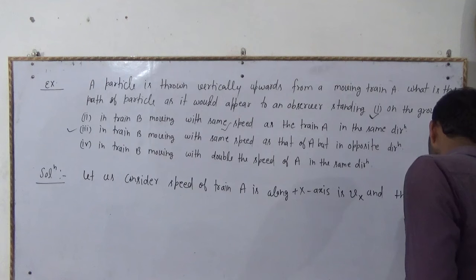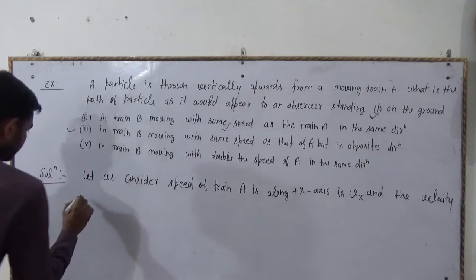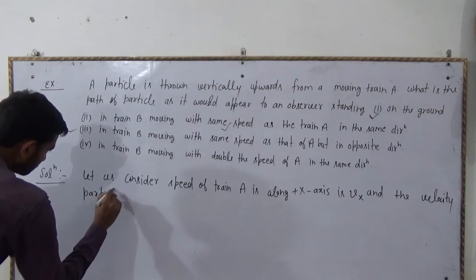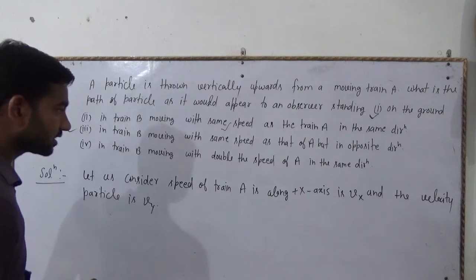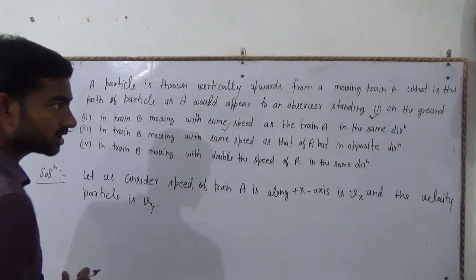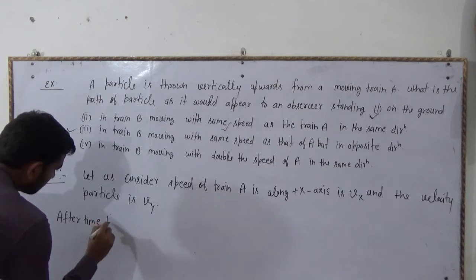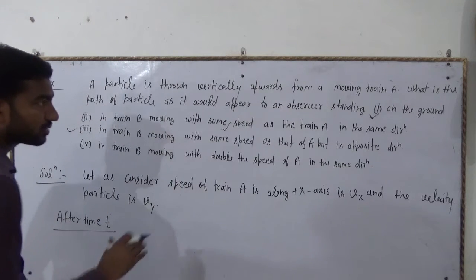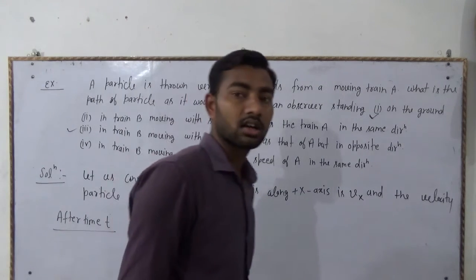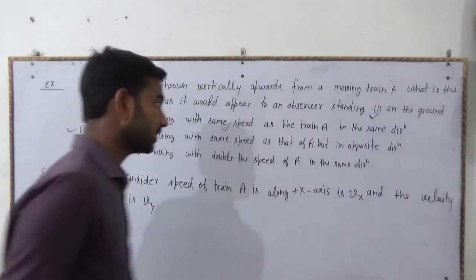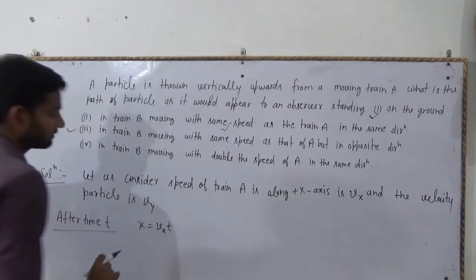The velocity of the particle is Vy. Then after time t, the moving train A travels some distance, and if we consider the distance traveled by train A in time t is x, then we can write x is equal to Vx t.